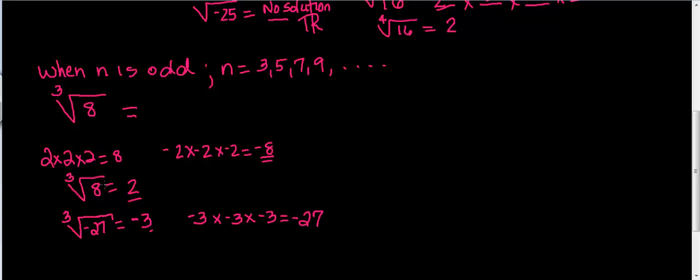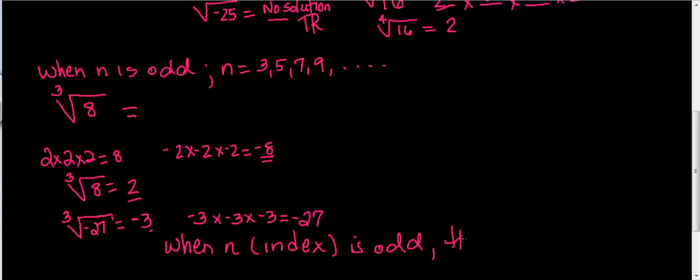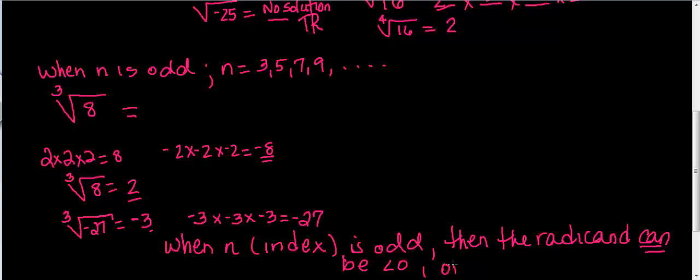And what's different is that the radicand, when the index is odd, the radicand can be negative. So when n, or your index, is odd, then the radicand can be less than 0 or negative, because that number exists in the real number system.